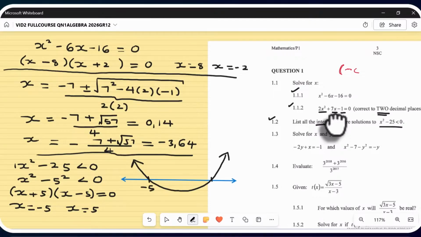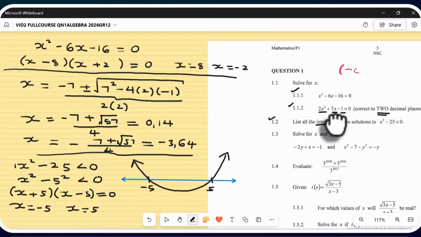Starting from negative 4, from negative 3, we come to negative 2. Then from negative 2, we come to negative 1. We want only the integers.